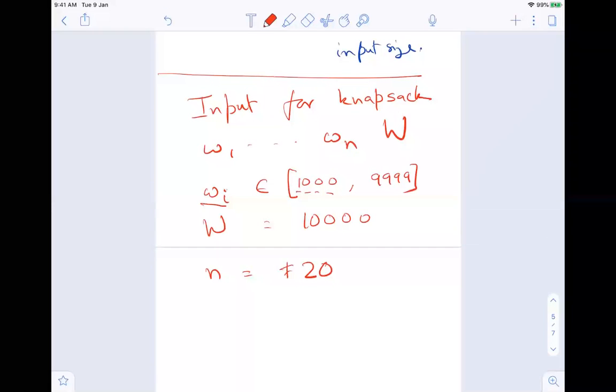The size of Wi is not 1000, it is just 4. The size of W is just 5, not 10,000. So while this has been given as an input, the size of the input is not that, but there is a way of compressing things and giving it to you.